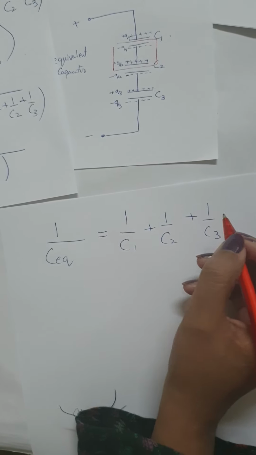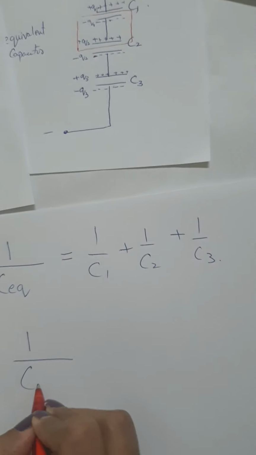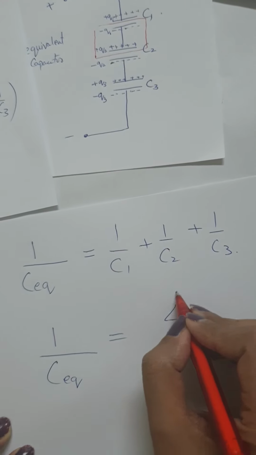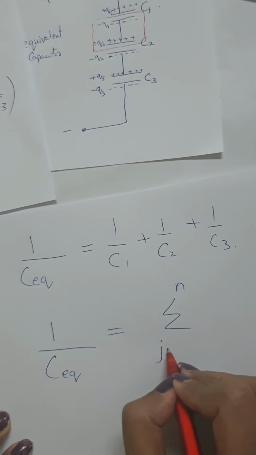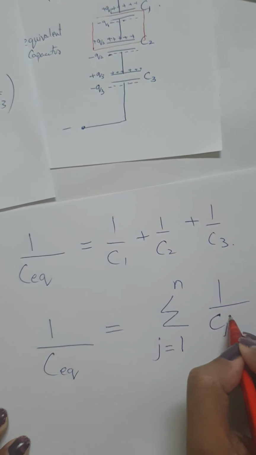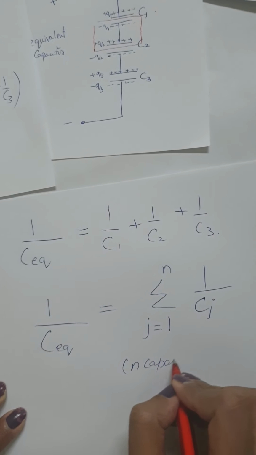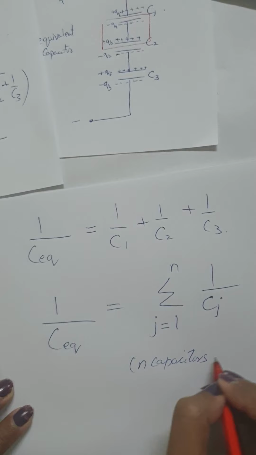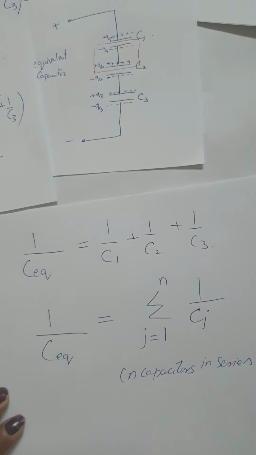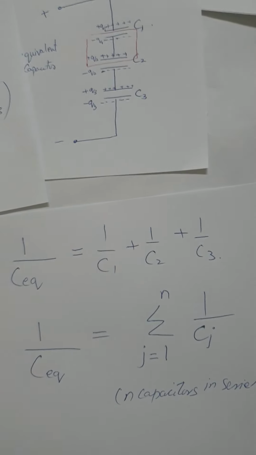We can easily extend it for n number of capacitors, so the equivalent capacitance becomes the sum of 1 over C for n capacitors in series. Now let's move to the other video to discuss the capacitors in parallel combination.